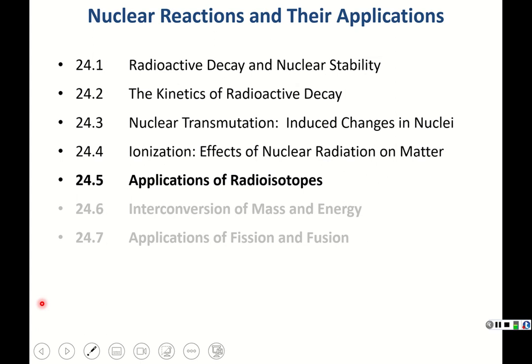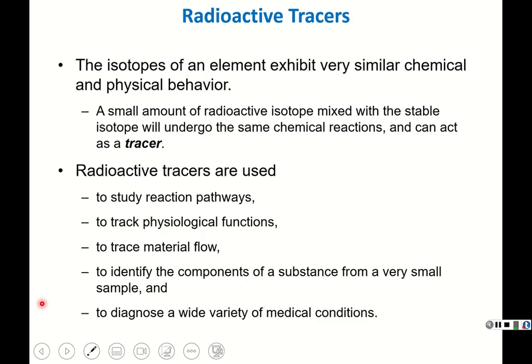Let's talk about some applications of radioisotopes. See if that can cheer us up here. Isotopes of an element exhibit very similar chemical and physical behaviors. A small amount of radioactive isotope mixed with the stable isotope will undergo the same chemical reactions and can act as a tracer. So radioactive tracers are used to study reaction pathways, particularly in biochemistry.